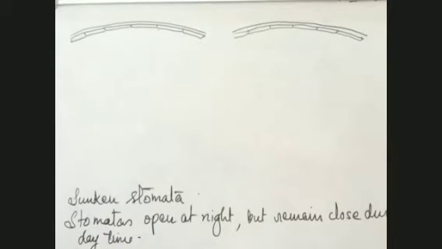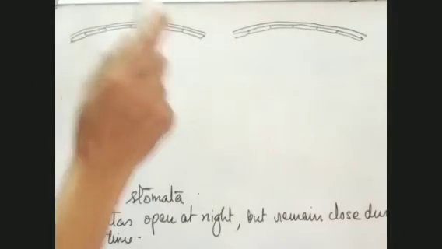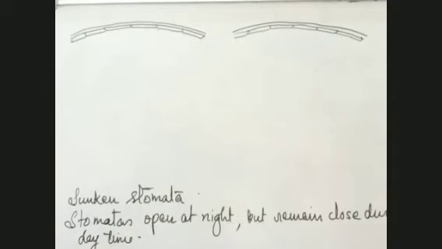Normally in plants, the stomatas are open during daytime and close at night. But in the plants which show the CAM cycle, where they have to conserve water, this is another adaptation. One is sunken stomata, present in the invagination-like structure. And the second is that stomatas open at night.